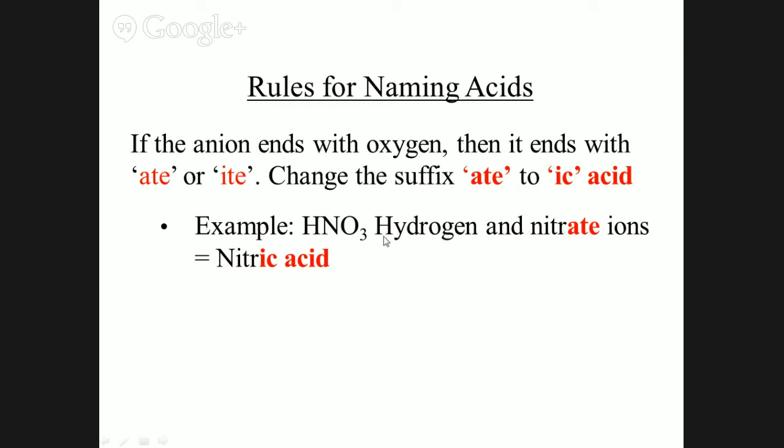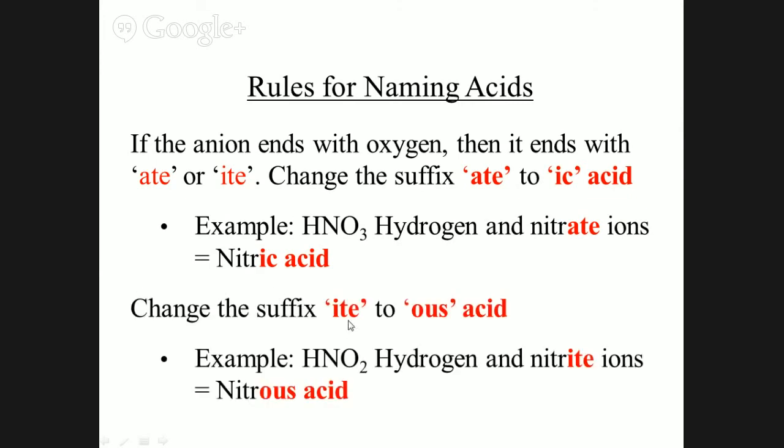You just go down the list until you find NO3, and then you go, oh, that's nitrate. Well, if I put an H in front, and I only need one, because NO3 has a -1 charge, that nitrate ion turns into nitric acid. Anytime they end in "ate" or "ite", I will not have the hydros in front.